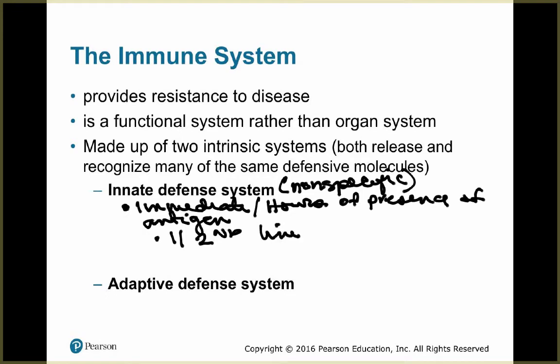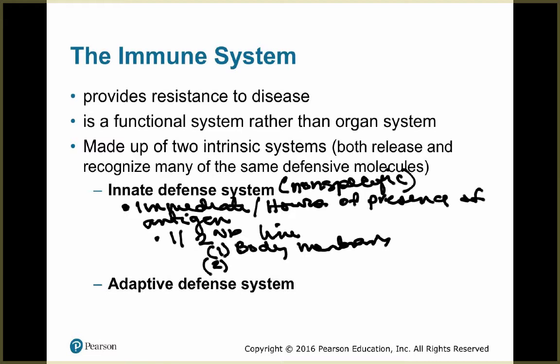The very first defense that we have is basically the body membranes. And then the second line of defense is basically antimicrobial proteins, phagocytes, and other cells that will attack and stop or inhibit the spread of invaders.